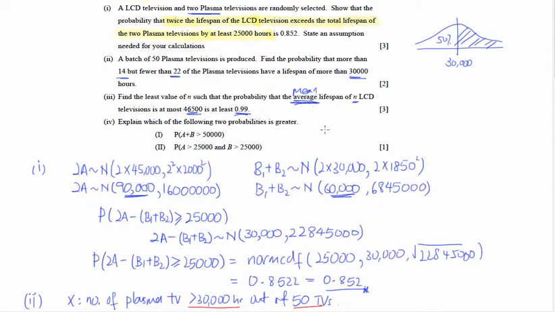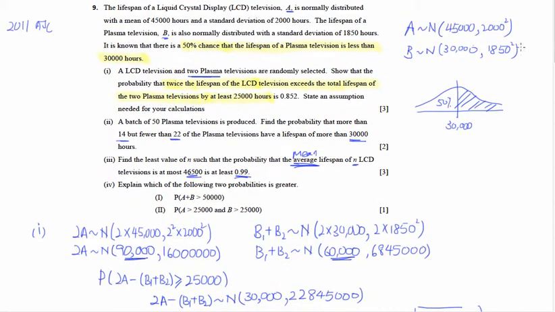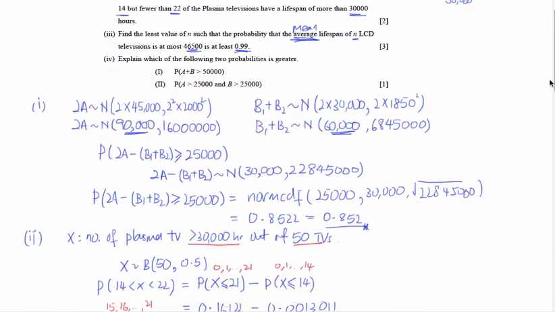In other words, we are going to have n number of LCD screens, so maybe we need to copy down the A all over again. So 45,000, 2,000 square. Okay, so let me just scroll all the way. Alright, so part 3. What we know is that the LCD screen has this distribution of 30,000 as well as 2,000 square.